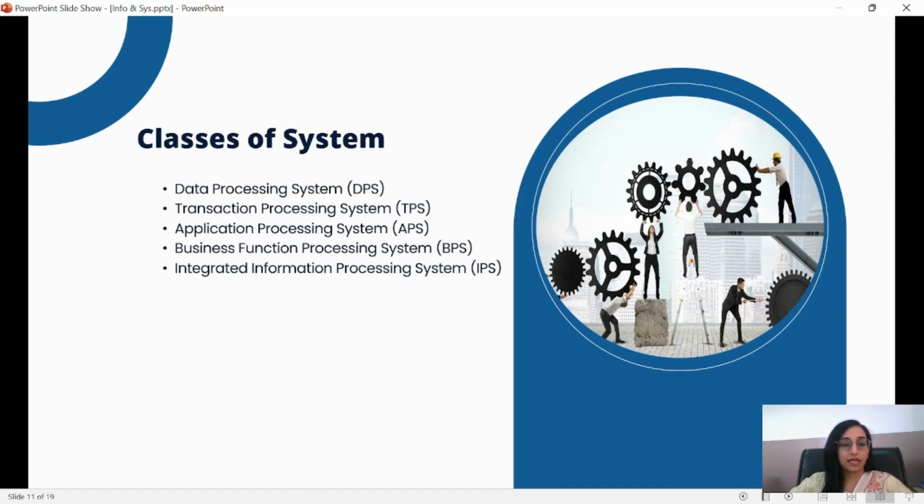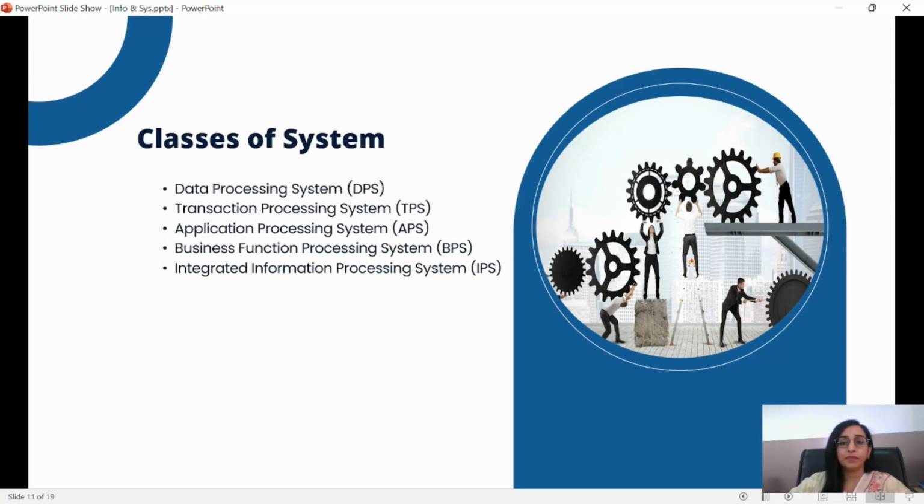Now the last class of system is Integrated Information Processing System. So IPS sits on top of the rest of the systems discussed so far, namely DPS, TPS, APS, and BPS. IPS draws its input from these systems and applies information processing rules to bring out an output.